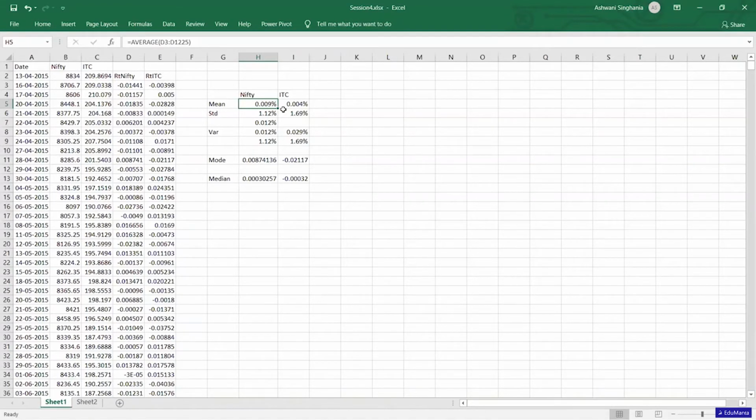We can also change it into yearly return, annual return, but right now I'm not doing that. I'm just looking at daily return.